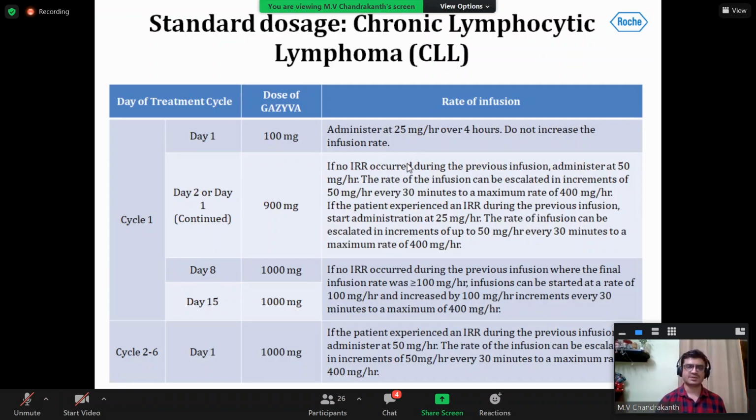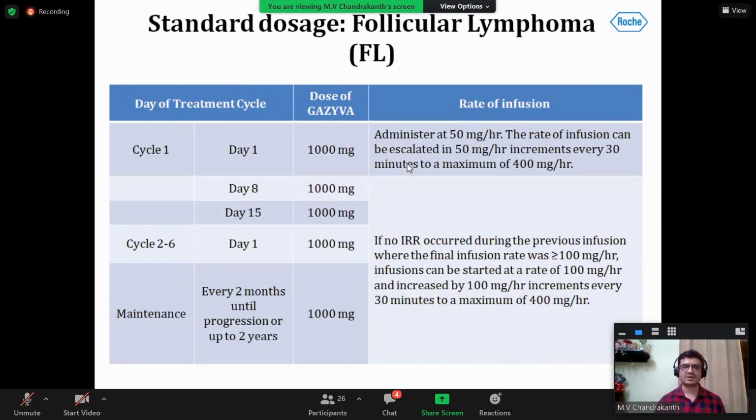Whereas if you look into follicular lymphoma, here we don't have this day 1 and day 2 split. So we give day 1 weekly for 3 successive weeks followed by monthly. And then we give maintenance every 2 monthly until progression.